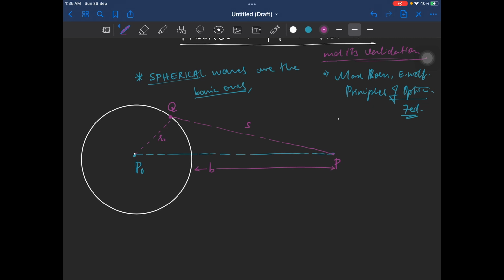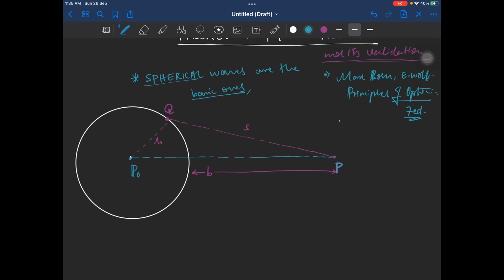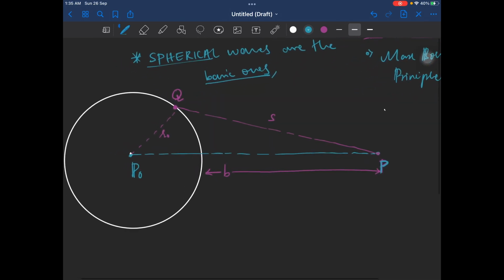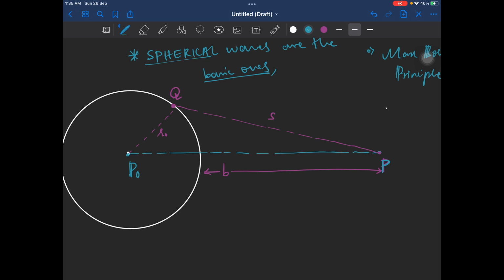It's called B. So this Q emits a secondary wavelet, okay? Acts as a secondary wavelet.